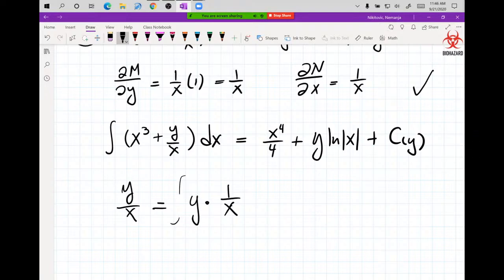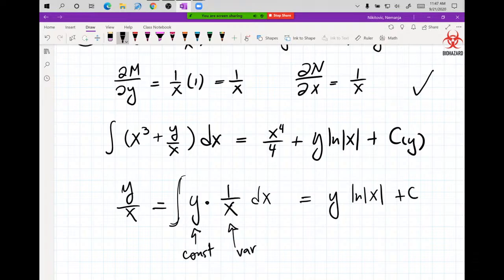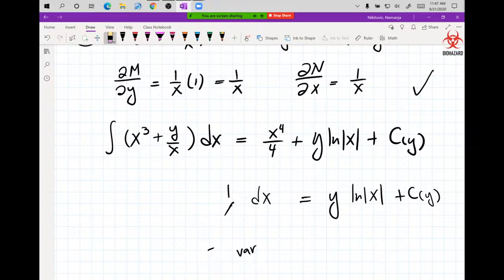Since I am integrating with respect to dx, y is a constant. I copy the constant and I integrate this as ln absolute x, and then plus c, but remember it has to be in terms of y. So that's how we get that second term that is usually very confusing for people who didn't take Calc 3, right? So you have to be a little bit careful about these things. All right, cool.